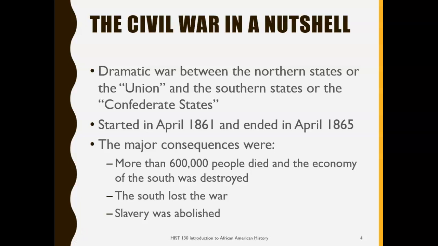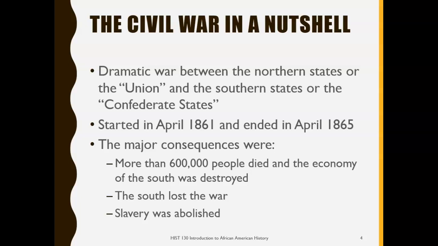First of all, before talking about all of the different causes, let's talk about the Civil War itself. Let's summarize it in a few words. So the Civil War was that dramatic war between the northern states, or the Union, and the southern states, also known as the Confederate States. The war started in April 1861 and ended in April 1865.